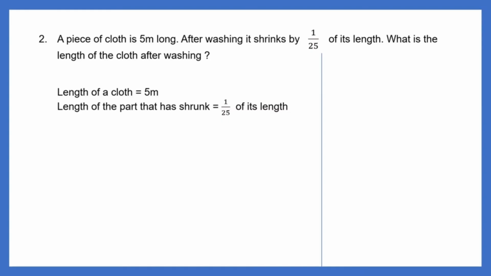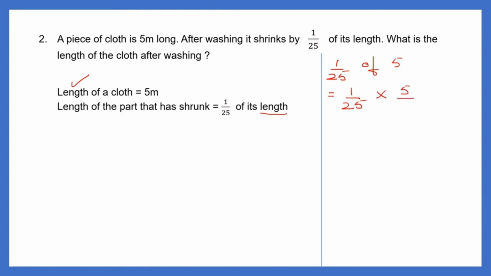So what is the length? Length is given here. Length is 5 meters. So 1/25 of its length. We need to work it out. 1/25 of 5. That is 5 meters. Remember what of stands for? It stands for multiplication. So let me write 1/25 into 5.